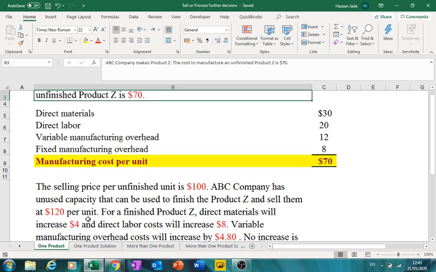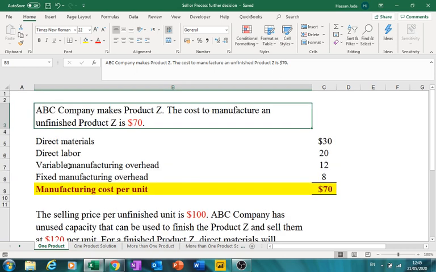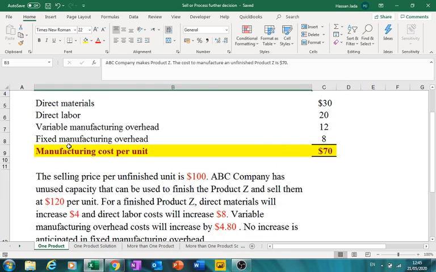What is the story behind these amounts? The ABC company wants to finish the product. The selling price per unfinished unit for product Z is $100 per unit.